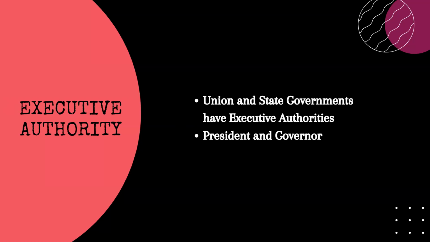Next is the executive authority. The union and state governments have executive authorities to implement the laws and for overseeing the functioning of governments. President and governor are the nominal executive heads of the center and the state governments, respectively. The executive power, though formally vested in the president, is in effect exercised by the Council of Ministers, headed by the Prime Minister and responsible to the Lok Sabha.